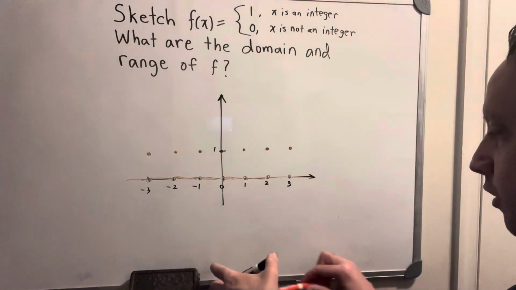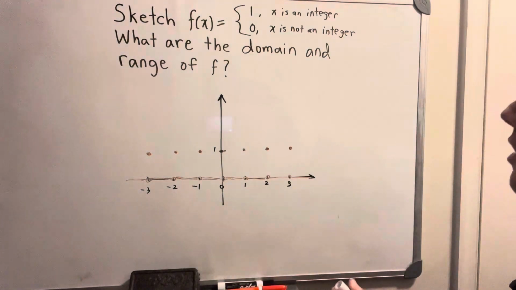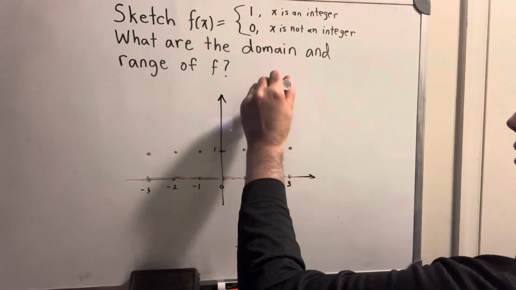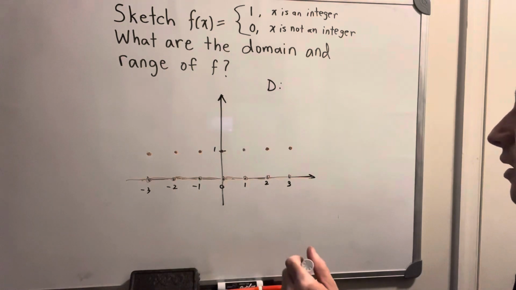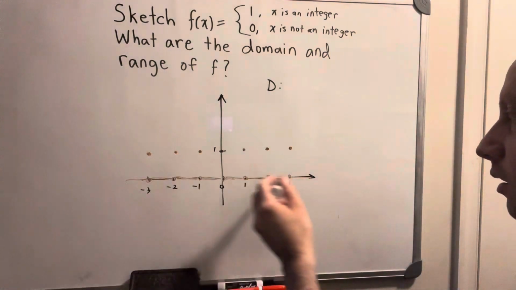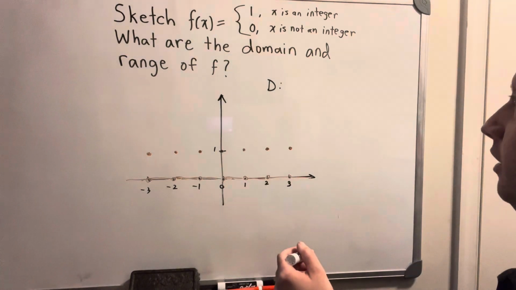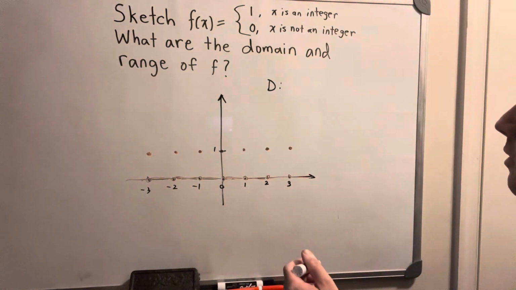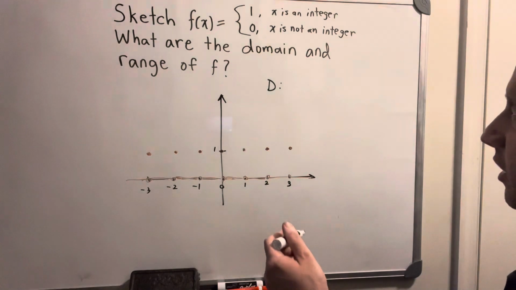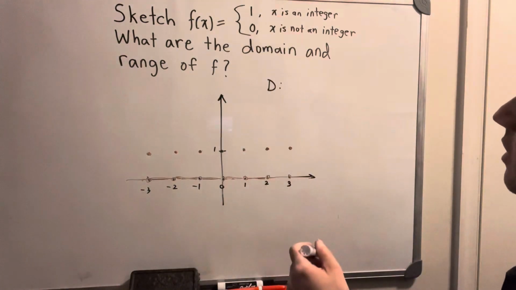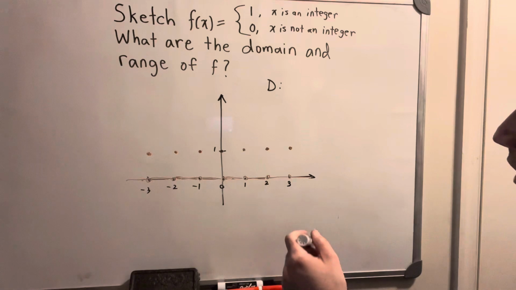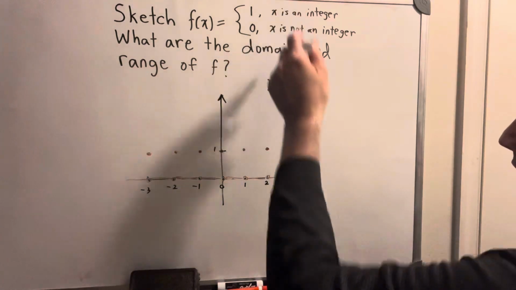What is the domain of this function? Is there any value of x that is not defined? Is there anything here? Not really, because x is either an integer or not an integer.